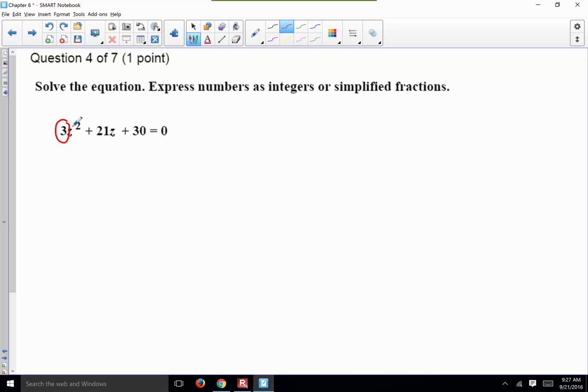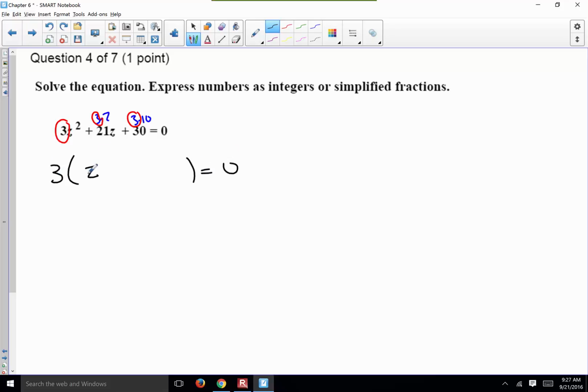How? Any ideas? Yeah, look, this 3 is actually everywhere. 3 times 7, 3 times 10. So you can actually call these 3's out. It's the greatest common factor of everybody.